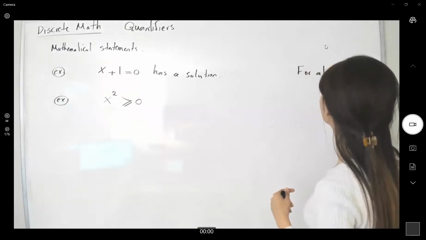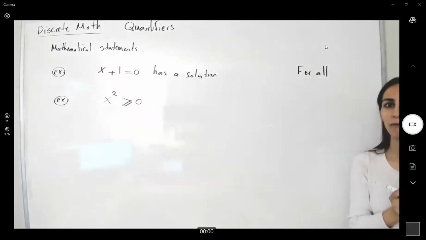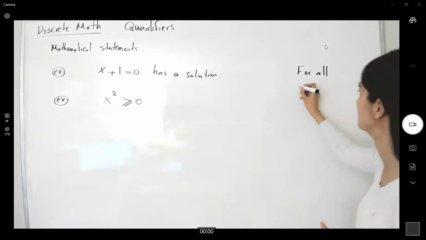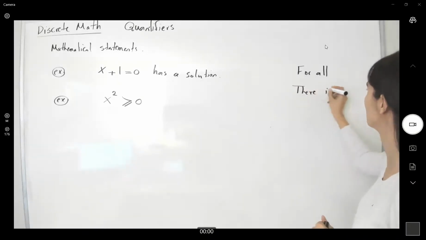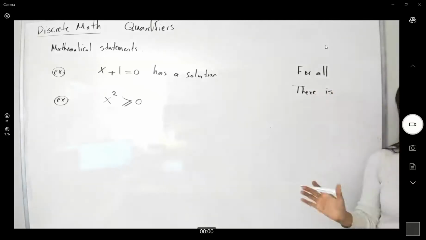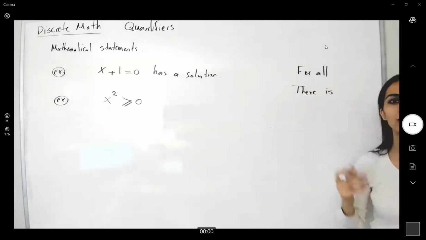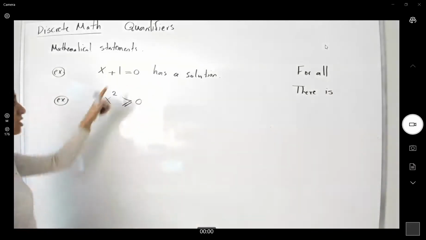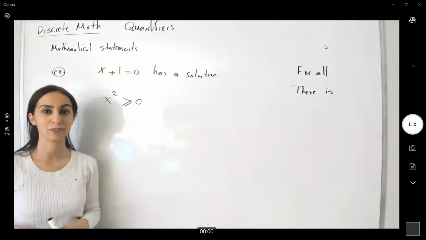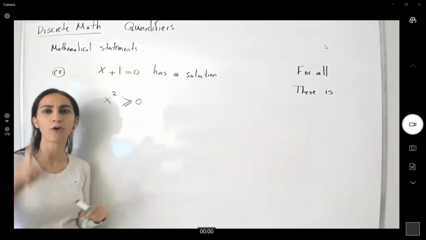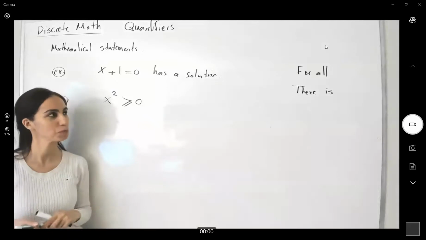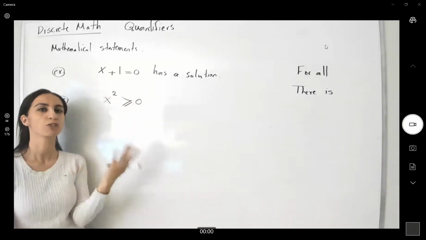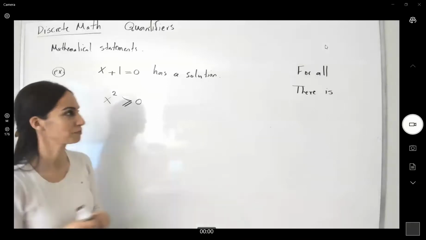For one of them, I can only use there is, there exists. So which one can be connected to these two statements? Is this guy true for all values of x, or is this true for only one value of x? This is only true for one value of x, which is -1.